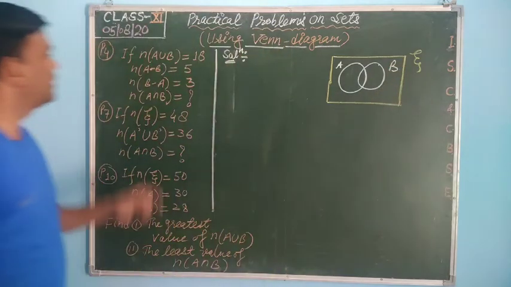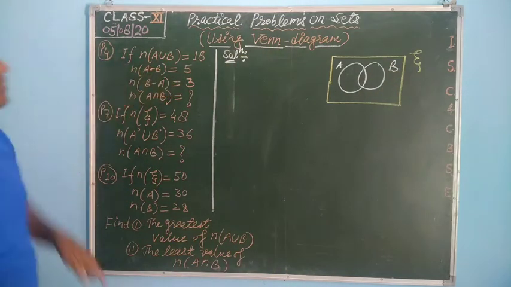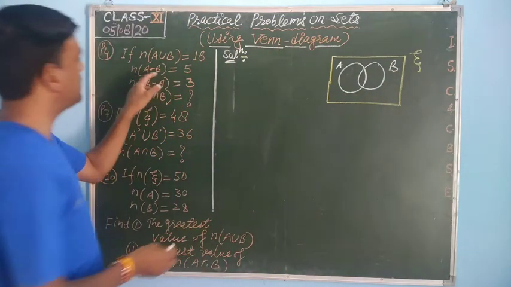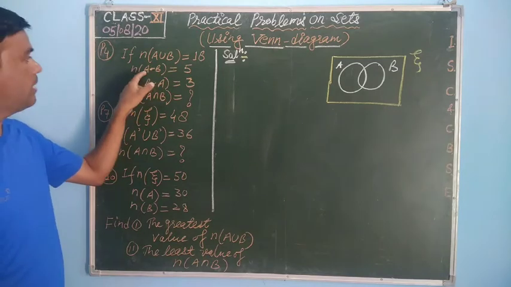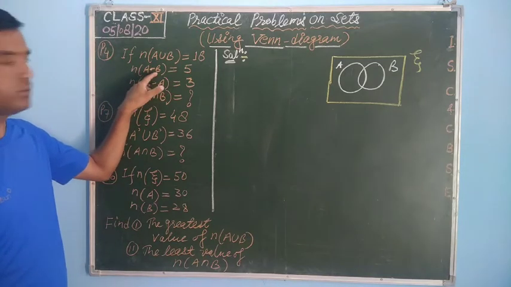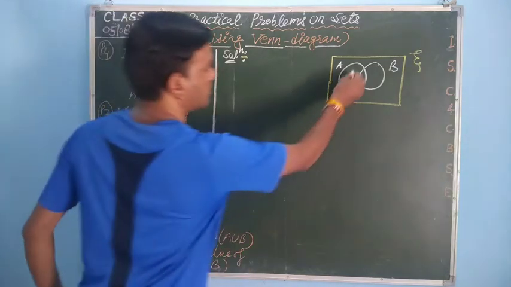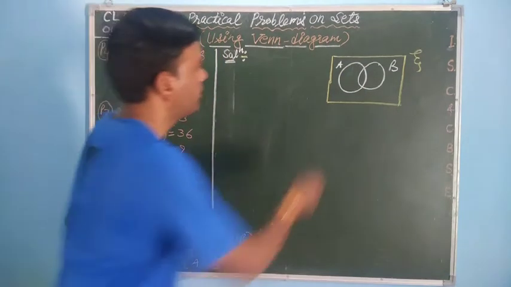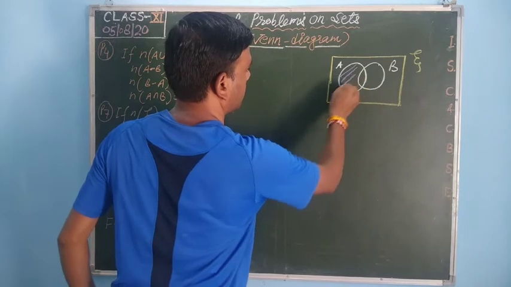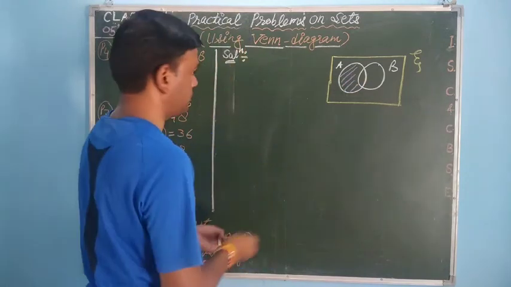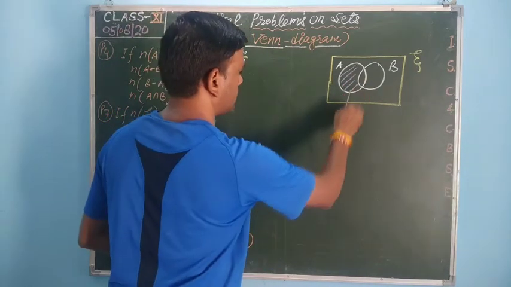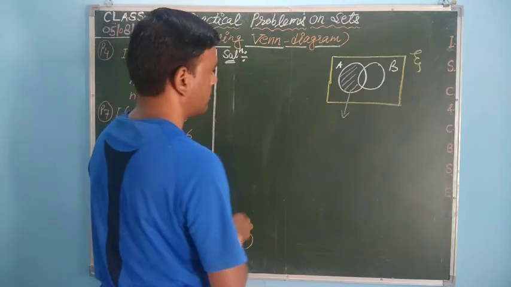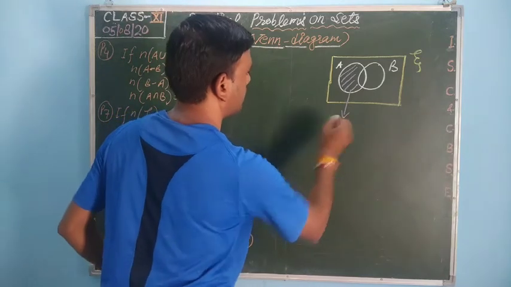See here, A minus B is given as 5. It means this portion: A minus B means elements that belong to A but do not belong to B. That portion is this one. This is n(A minus B), and this portion is 5.